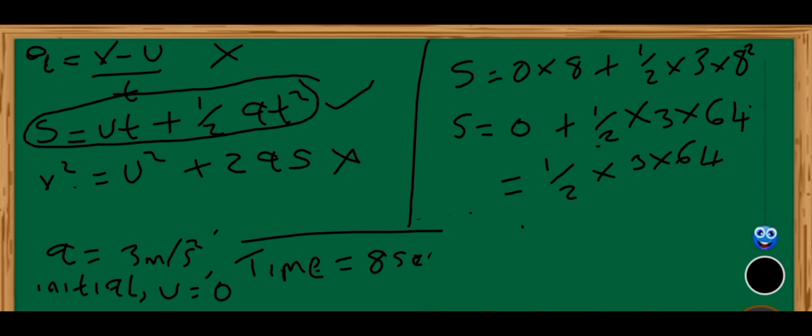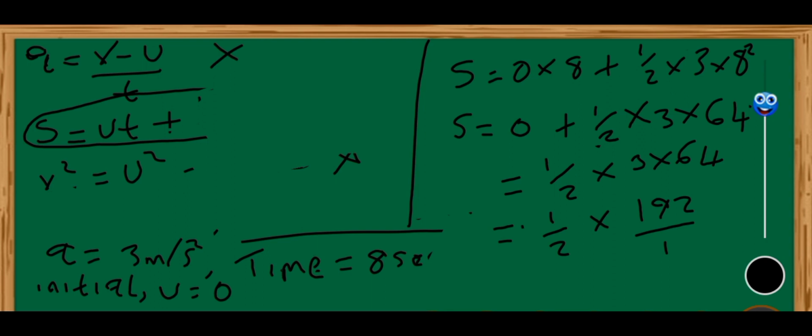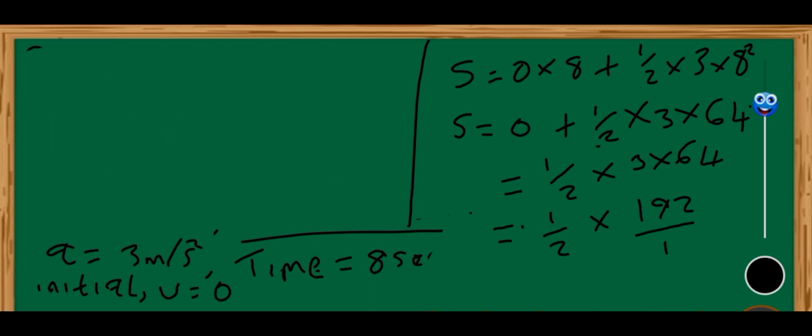Okay, now the next step to do is to multiply these numbers together and get your final answer, which is measured in meter. So half times 3 times 64 will give us 192. 192 divided by 1 times 192 is going to give us 192, and 2 times 1 will give us 2, so it equals 192 divided by 2.